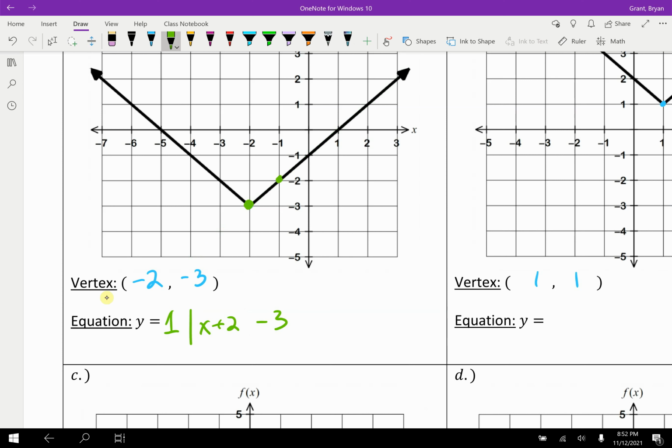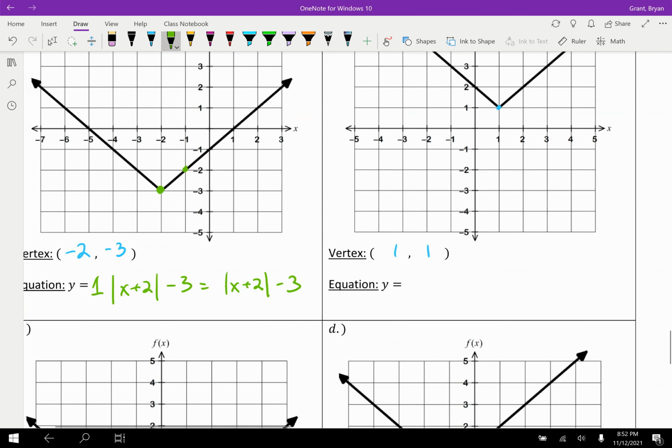But now we've entered that absolute value realm, and so we do need to put the absolute value bars to actually make our graph take that V shape, because absolute value will turn things positive on both ends of our graph. Notice too that you could have left the 1 off in front, and I will leave the 1 off in front for the rest of these, just to be succinct or efficient or write less.